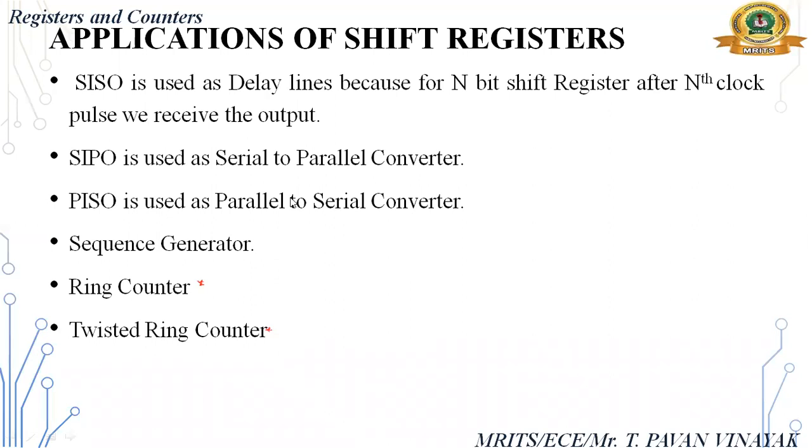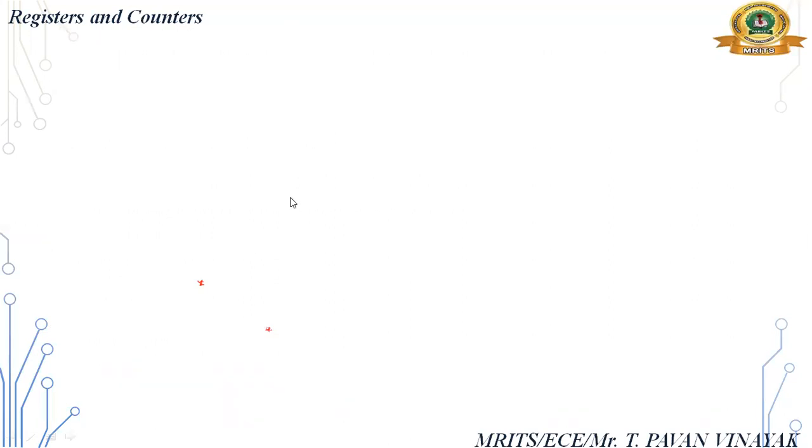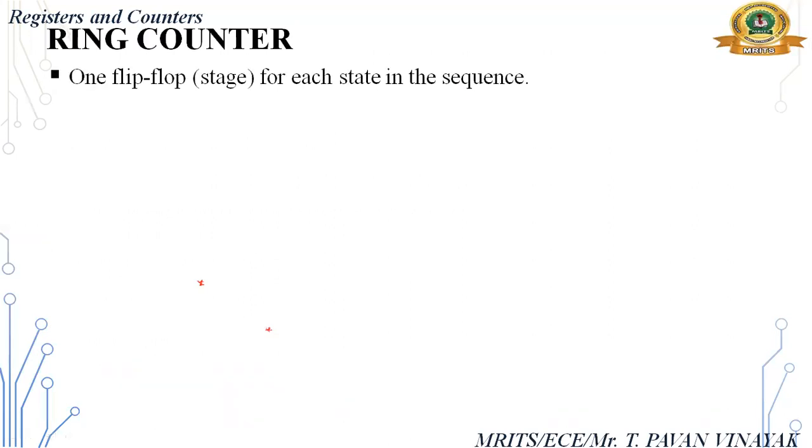So let us see the ring counter. What is a ring counter? The ring counter is simply a rotate right shift register. The output of the fourth flip flop, the last flip flop, is connected to the input of the first flip flop. Each flip flop is considered as a state or stage.